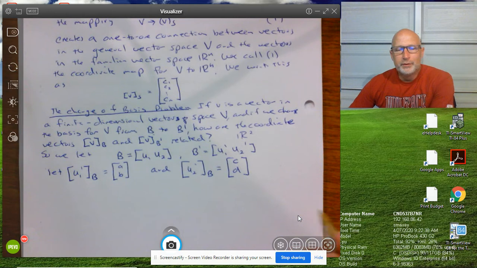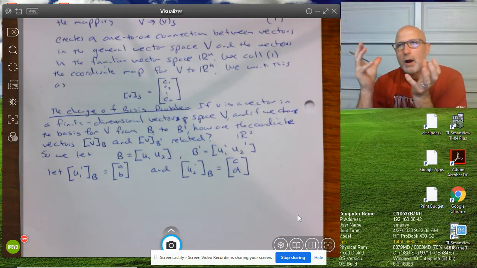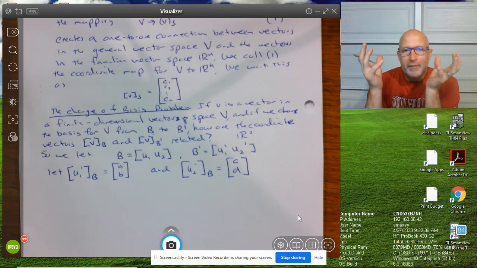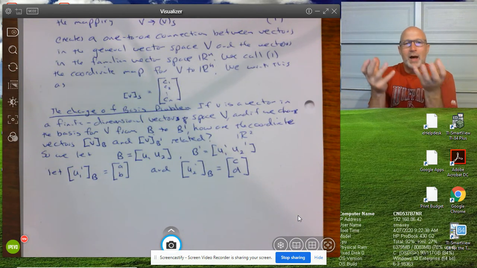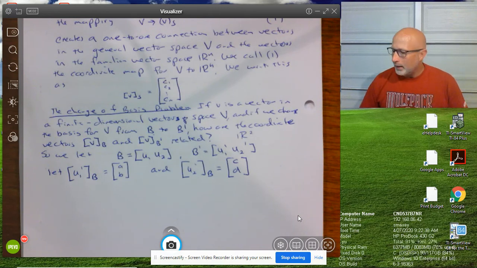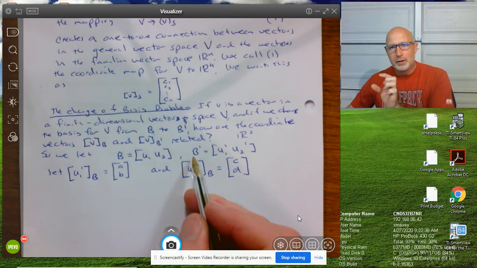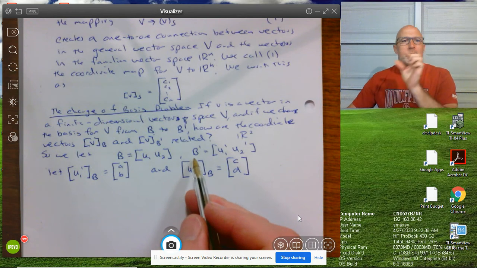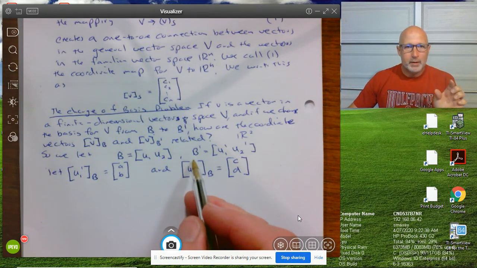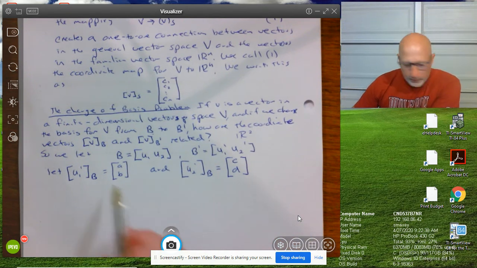I know this is starting to get confusing, because you're in basis B, but then you're in basis B prime. Remember that this vector is just an arbitrary vector in space, and if we don't define it, you just consider it to be an object floating out there. Now, how do we define it? One way is under the basis B prime. But that same vector can then be relabeled under the basis B. So there are two different ways to call the same exact vector, and that's what we're going to call it.